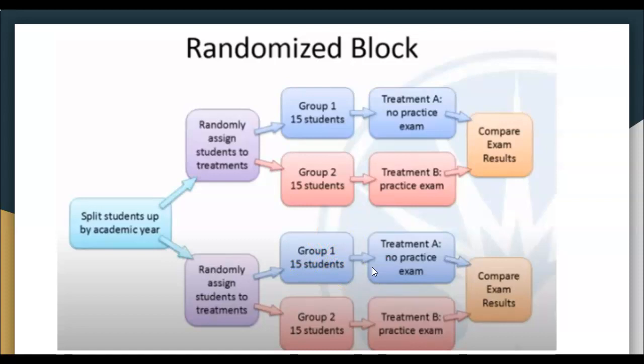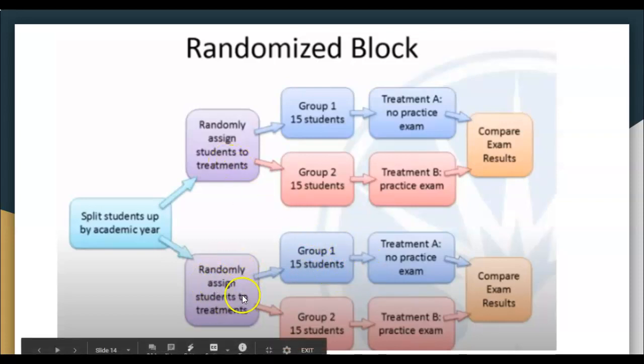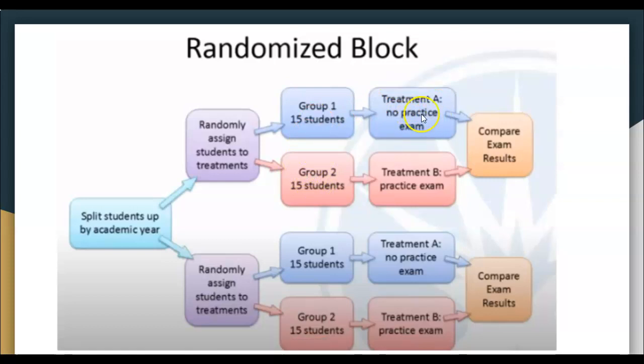So you can split up brand new students who are in their first year, and those who are on their second year or beyond. So you split them into two groups, and then give one the practice exam, and the other one without the practice exam. Then compare the result. It's very similar to our stratified sampling.